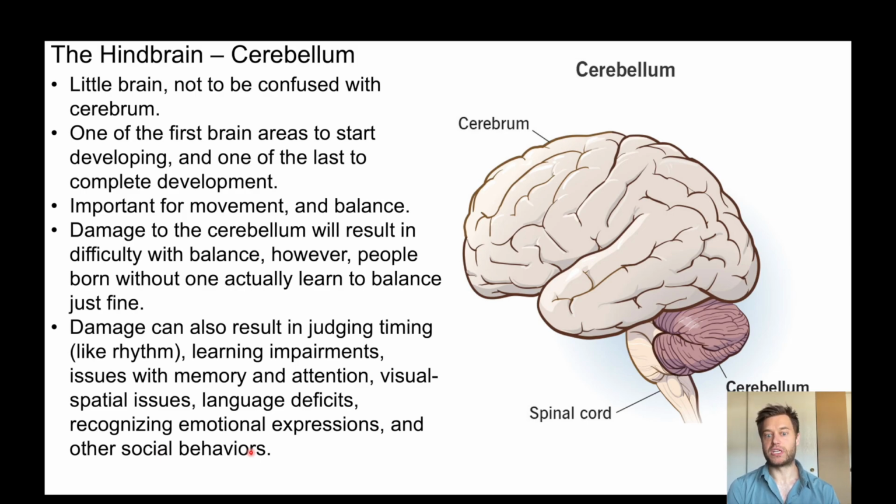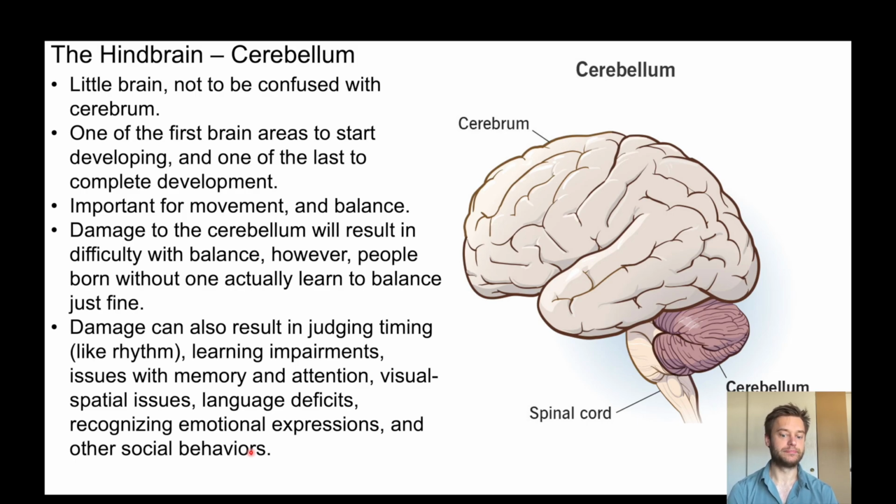But one thing that's really interesting about the cerebellum, and this is the reason why I'm telling you this, is because it exhibits one of the really fascinating parts of the nervous system, which is that your nervous system is extremely plastic. And depending on when you receive damage to a particular area of the brain, your ability to recover and for your brain to compensate in different ways is really remarkable.